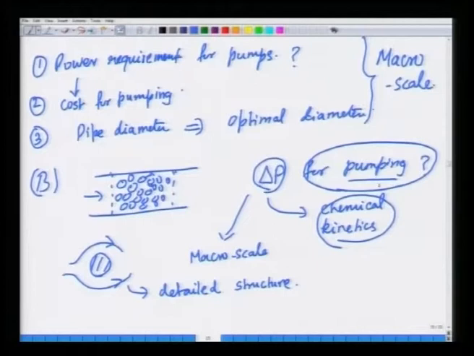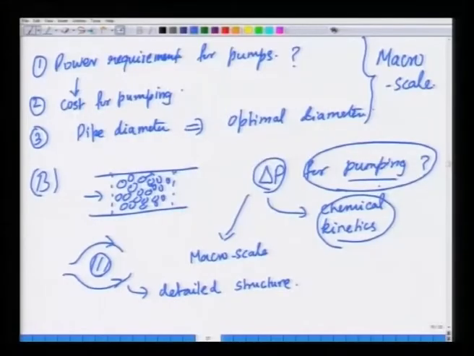Although these are the most fundamental information that is possible to obtain from a given problem, they are not necessary in many contexts. On the other hand, there are contexts in which you do need detailed flow structure, and those are classified as micro scale or micro problems.